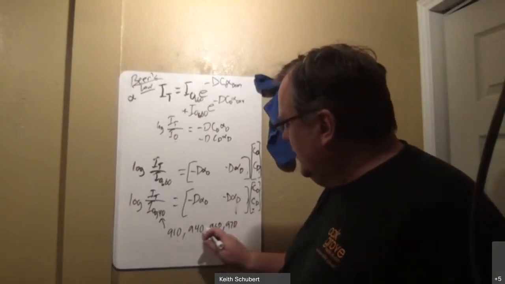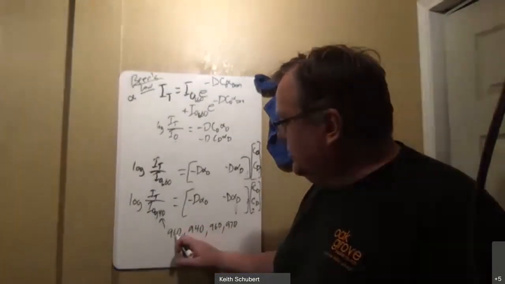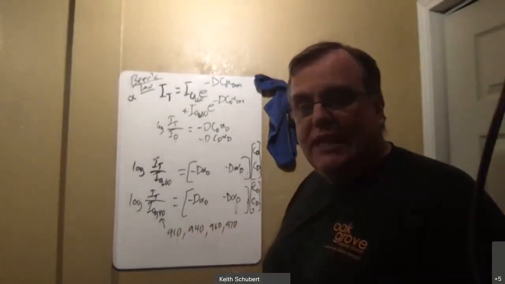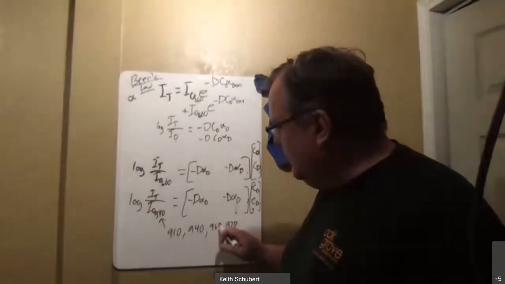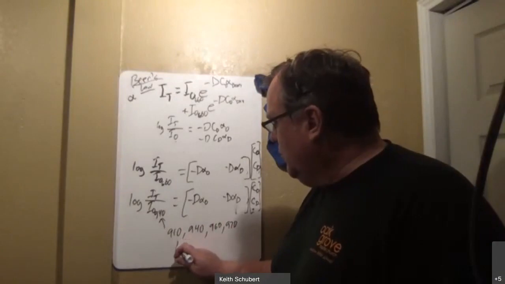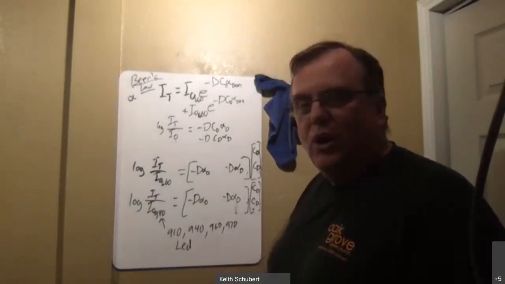And what these choices correspond to is not something magical. Usually these are the ones that you can cheaply get LEDs that have that as their peak intensity. So it's really more based on available LED values.